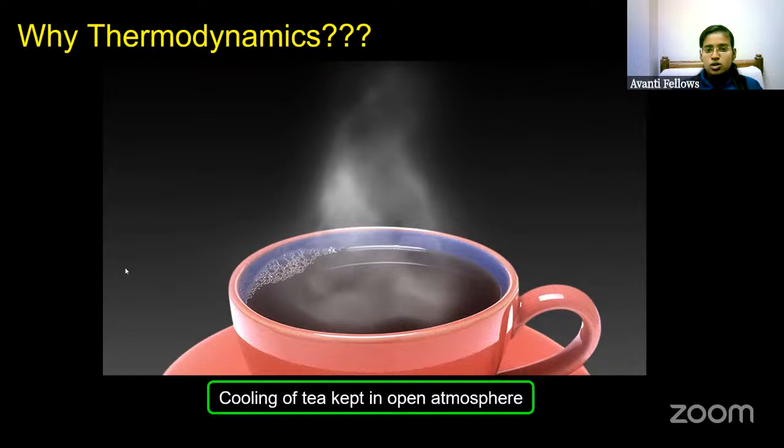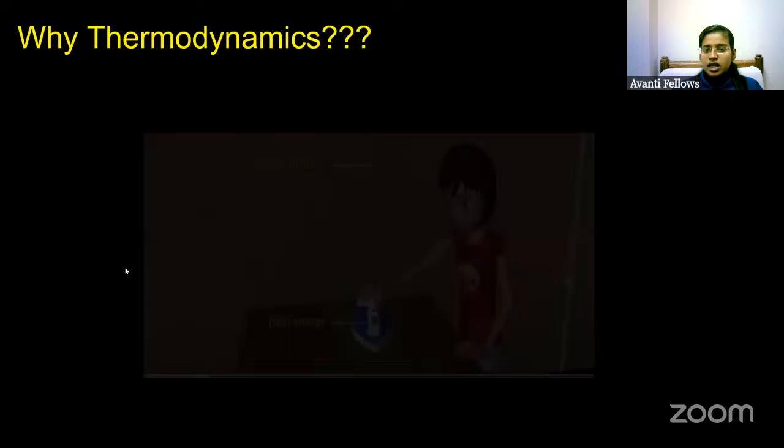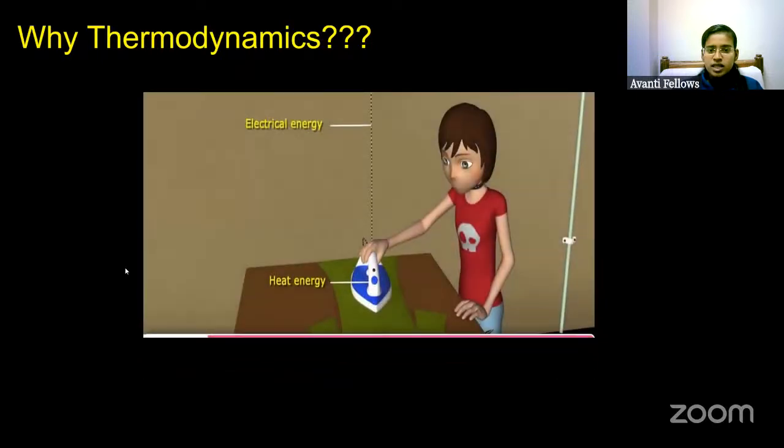Good. Now we'll go for another picture. What do you see here? A person is ironing the clothes, right? If I turn on the switch, electric energy is coming and it is getting transferred into heat energy.